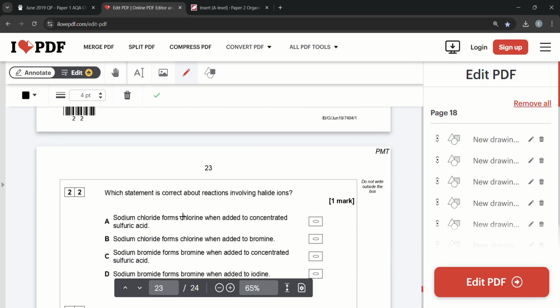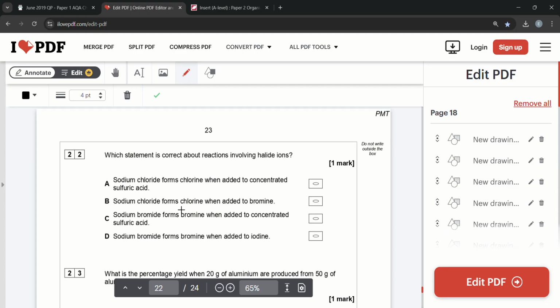Which statement is correct about reactions involving halide ions? Sodium chloride forms chlorine when added to concentrated sulfuric acid. Now these equations, you do need to know all of these equations. If we look at the equations, I'll write them down now.